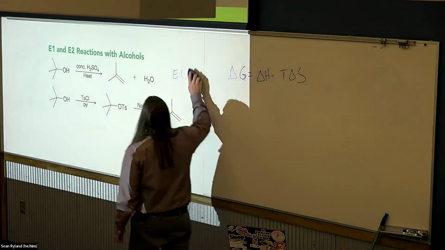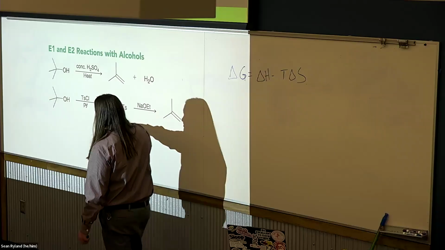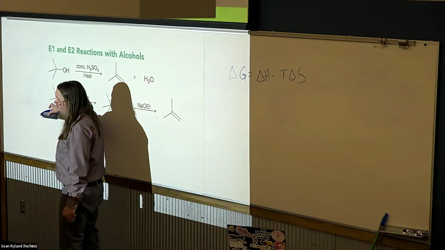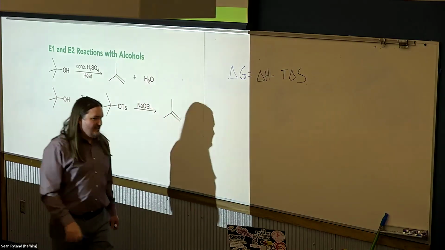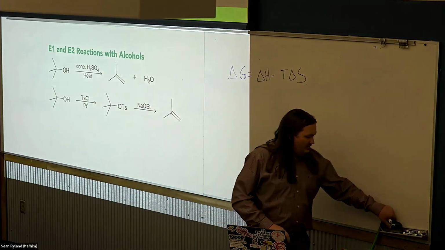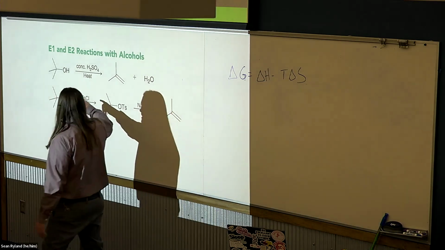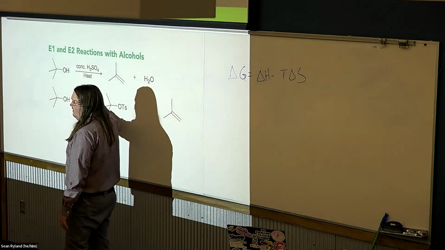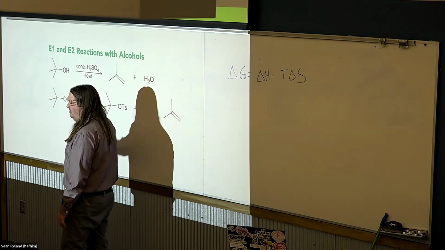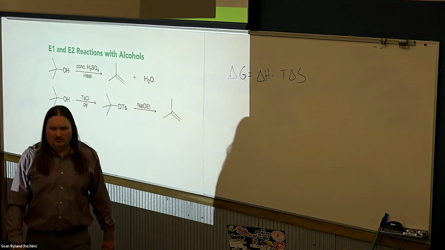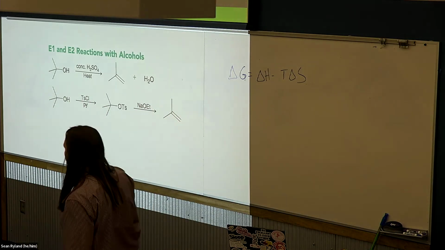The other way we can go about this, and this works for more than just tertiary alcohols, this works for any alcohol, is another style of make it a better leaving group. We saw this. This also opens up the alcohol to other substitution reactions as well.